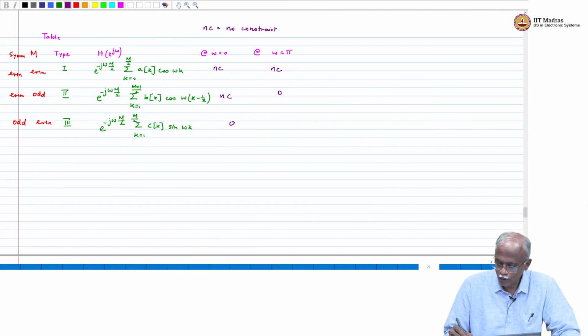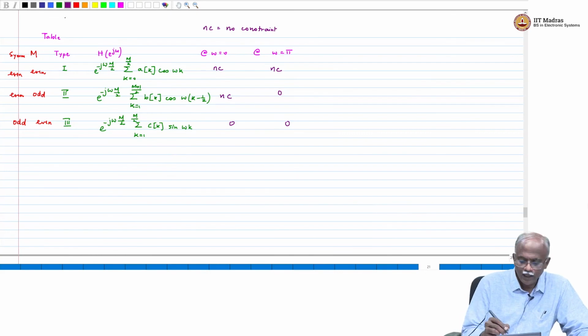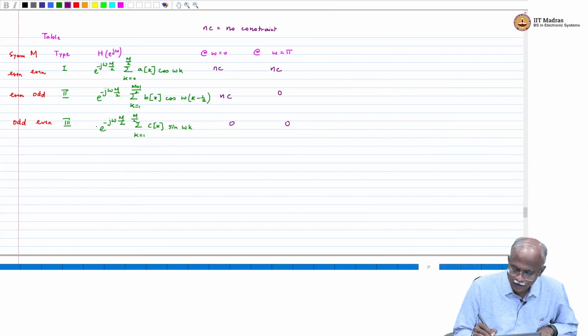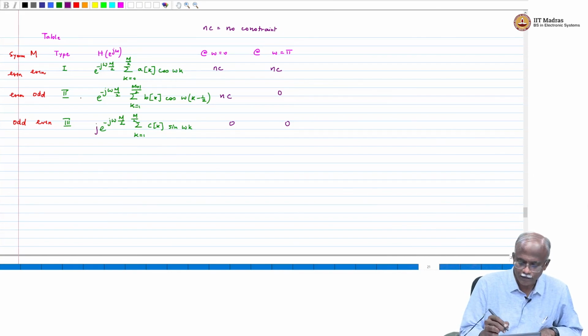It is 0 at ω equal to 0, it's 0 at ω equal to π. There's a j, you're right, there is a j, don't forget the j.